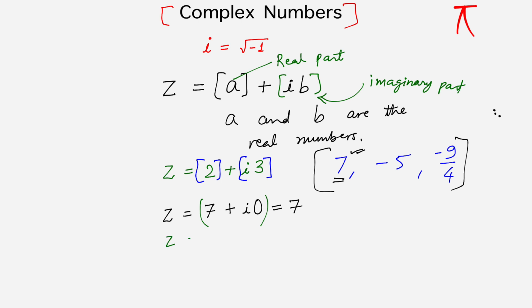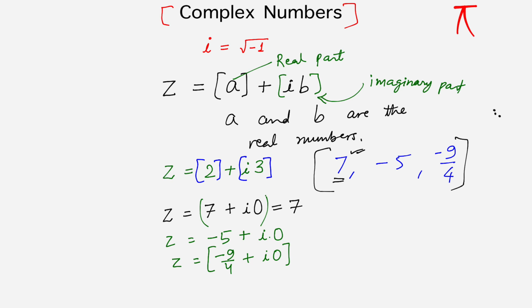Likewise, minus 5 can be written as minus 5 plus i0, and this is the representation of minus 5 as a complex number. And then minus 9 by 4 plus i0 is the representation of minus 9 by 4 in the form of complex numbers.